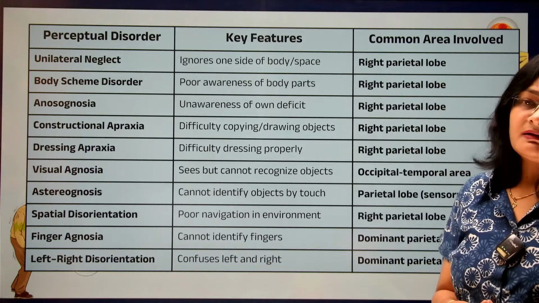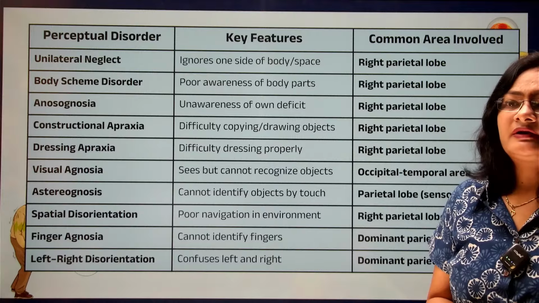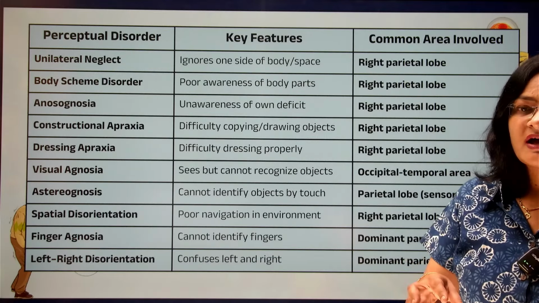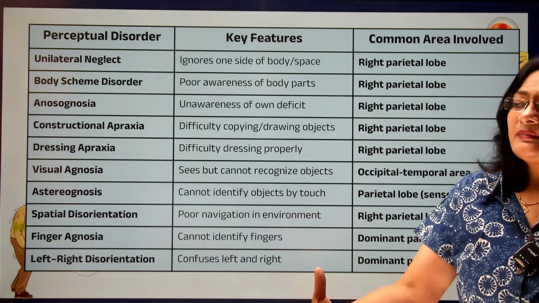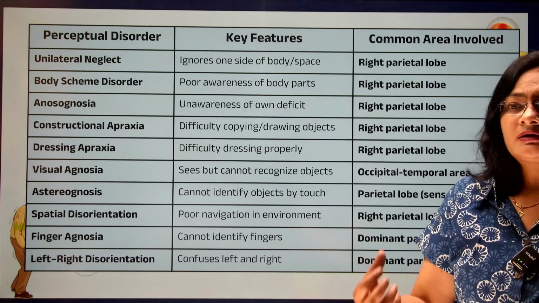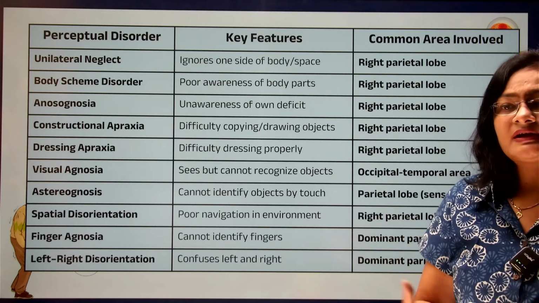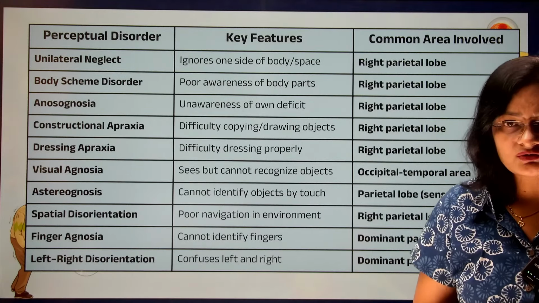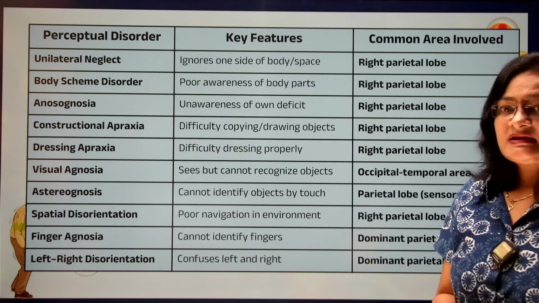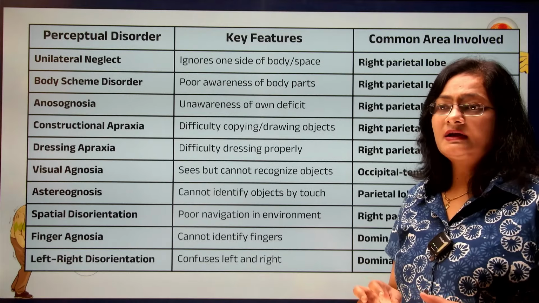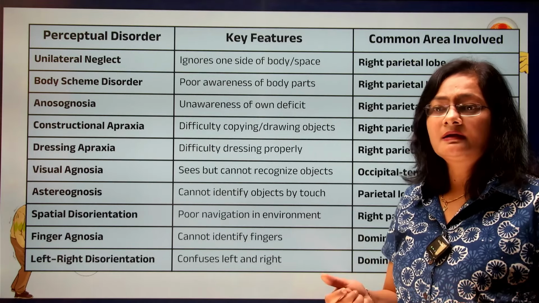Visual agnosia: the patient sees but cannot recognize the object. If you ask, the patient will be able to see but will not be able to visually identify the object. Astereognosis: difficulty in identifying an object by touching.